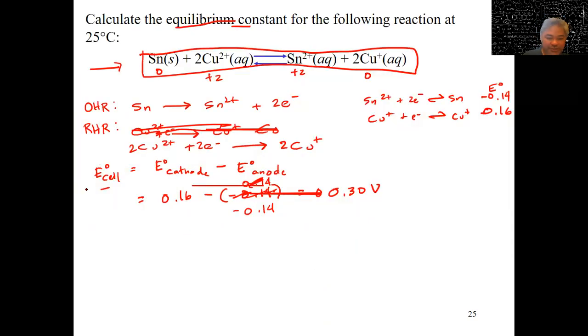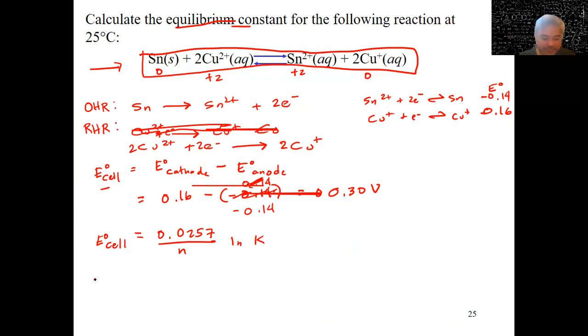So I can use there E cell equals 0.0257 divided by N, ln of K. And then I can isolate this on one side.